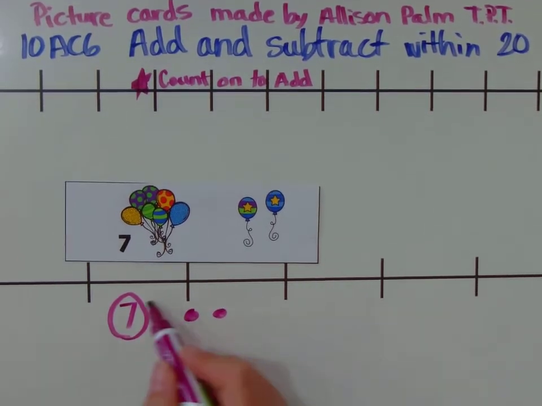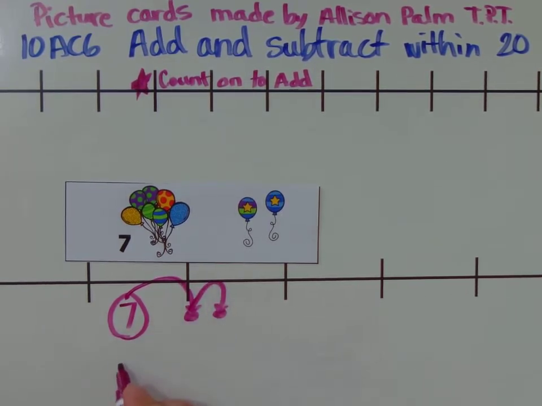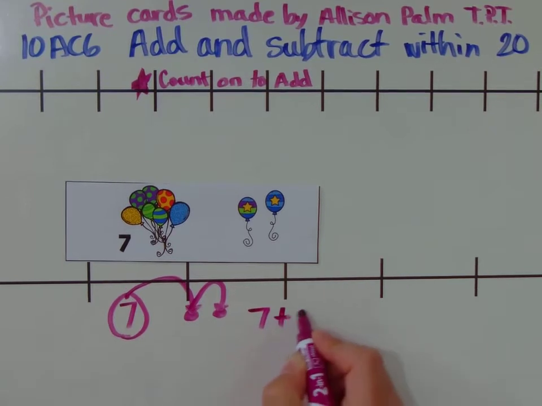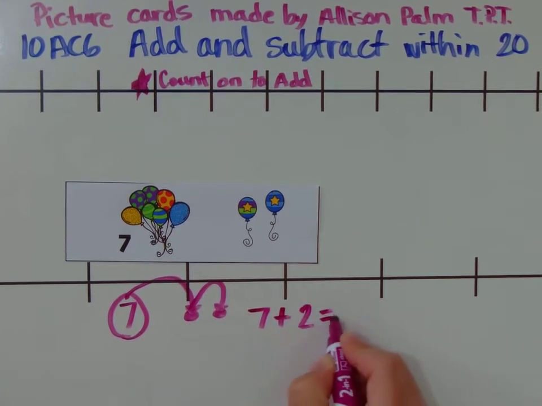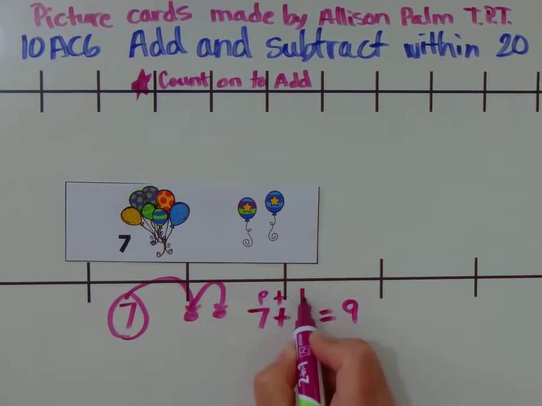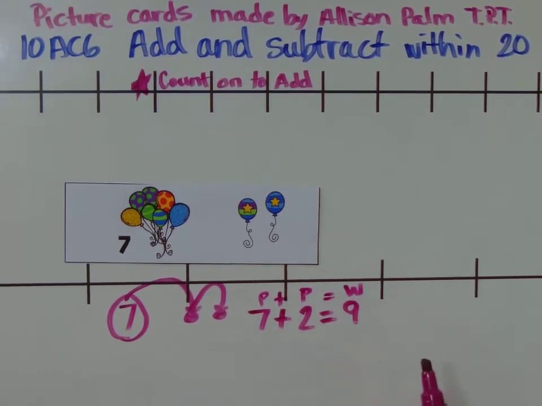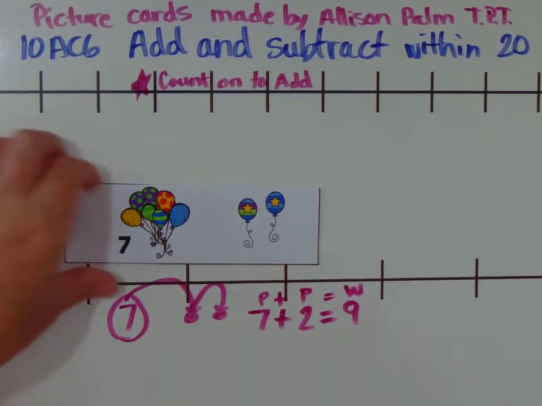We have 7, count on, 8, 9. 7 plus 2 equals 9. 7 is a part. We add 2 more as the part, and 9 is the whole or the total.